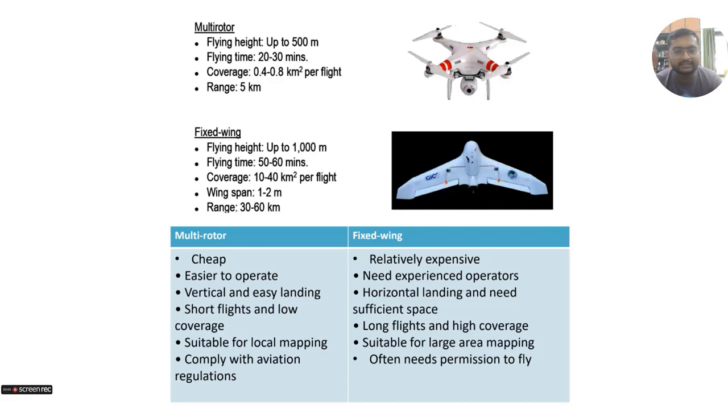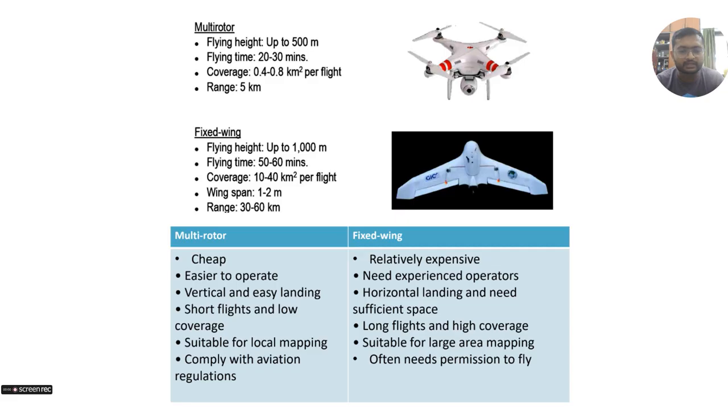Another thing is landing. A multi-rotor drone just goes up and down, so it's a vertical and easy landing. Whereas a fixed wing is like a plane, so it goes like this and then comes down. The landing is horizontal, and we need sufficient space like we need for aeroplanes.